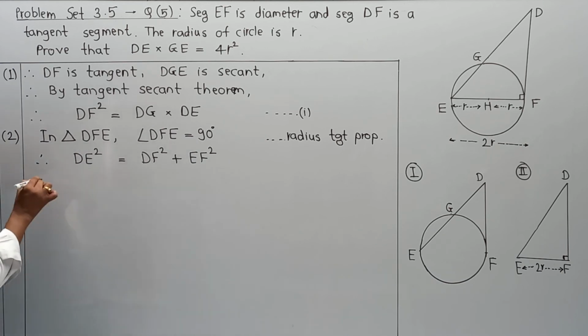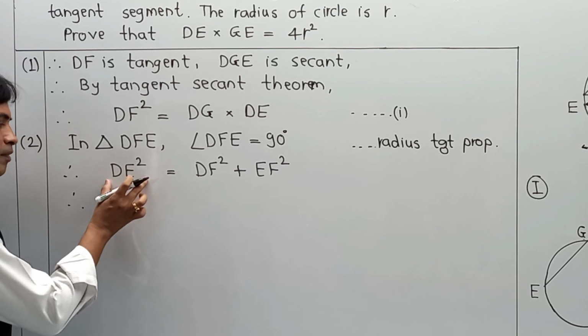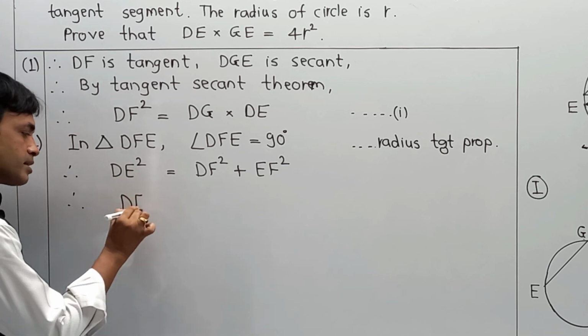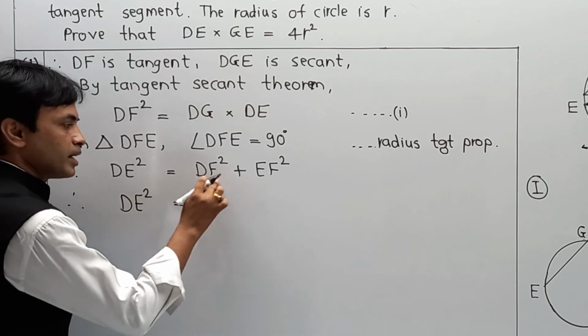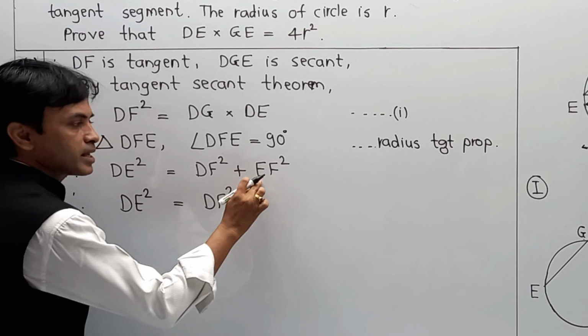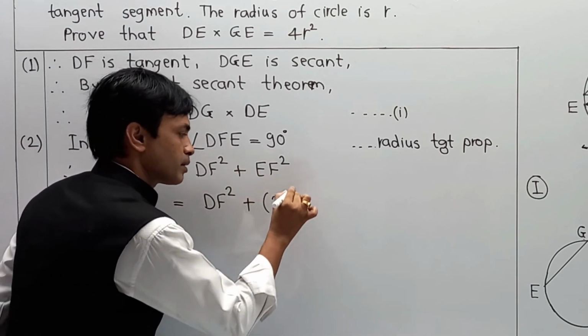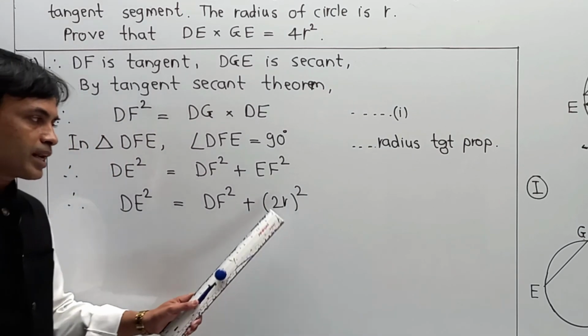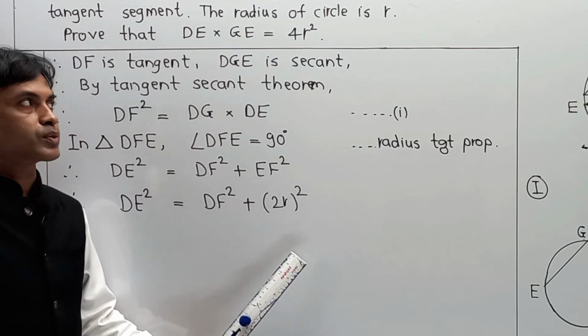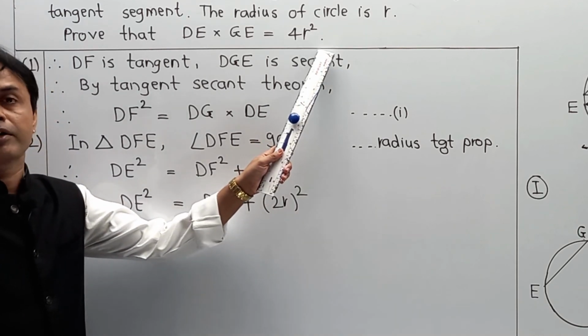Now, one by one. We don't know the value of DE square, so I am writing it as it is. Plus DF square, I am also writing DF square as usual. Plus EF, and EF is 2 times the radius, so (2r) square, and naturally (2r) square is nothing but 4r square. And definitely it is a required part of our answer.